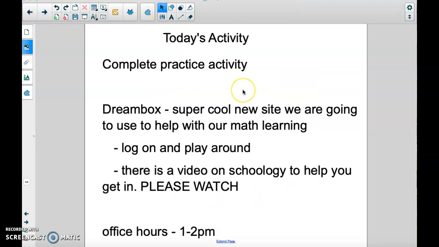So for today, what you're going to do is complete the practice activity sheet on Schoology. Something else I want you guys to start looking into is a math website that we're going to be using called Dreambox. It's a super cool website that's kind of like math with games and stuff. So I want you to log on and play.